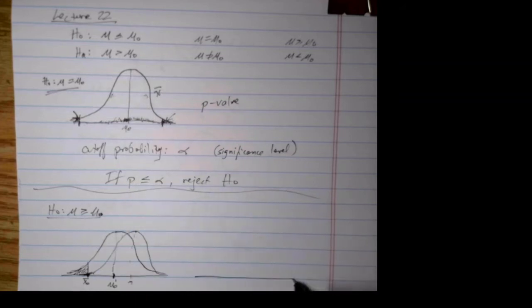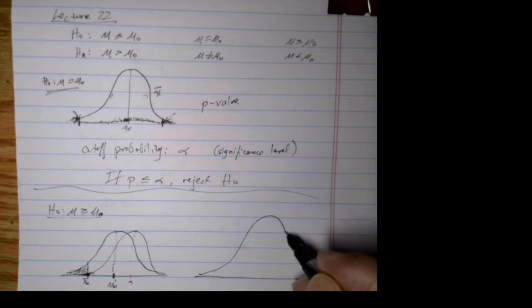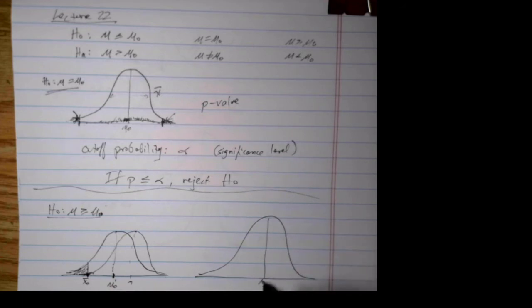So we're going to assume, given this kind of null hypothesis, this kind of curve where you have mu naught in the middle. But we're going to accept as evidence against the null hypothesis any x-bar that's too far out to the left here.